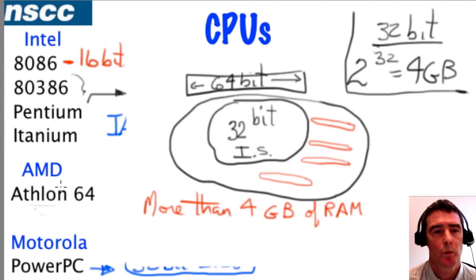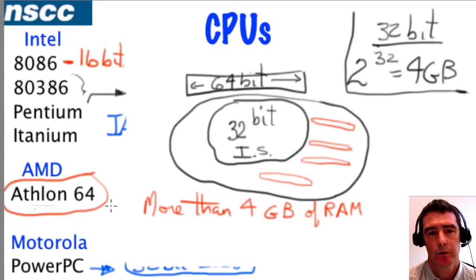One of the first CPUs that had this was called the Athlon 64. People adopted this because they could use a lot of their own software, but they could easily access memory beyond 4 gigabytes. This was so popular that Microsoft actually started to design versions of their operating system just to this standard.